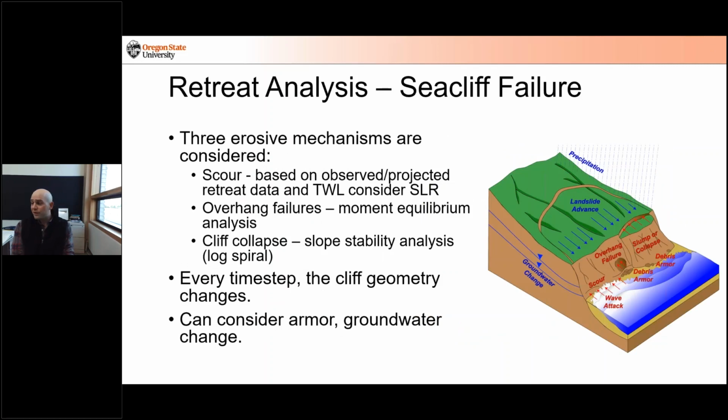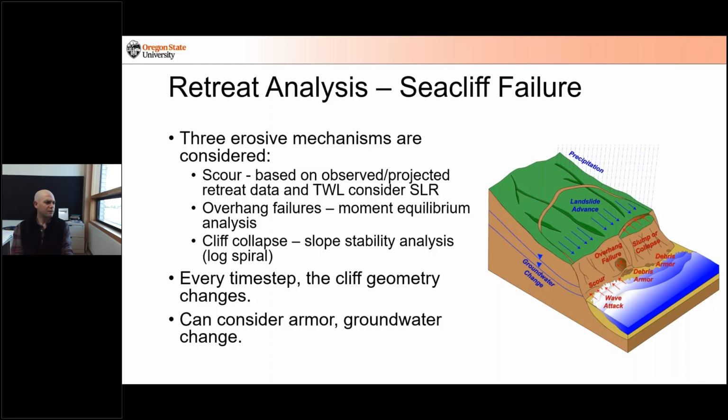So we develop a very simplified model where we look at sea cliff failures, a variety of mechanisms really. And those 3 erosive mechanisms in particular are scour, wave scour, based on the observed and projected retreat data, considering total water levels, sea level rise projected, things like that. That's basically material removed from the toe of each sea cliff.